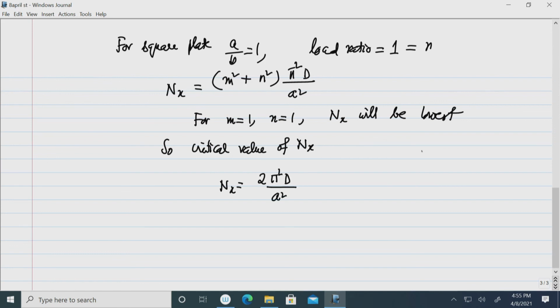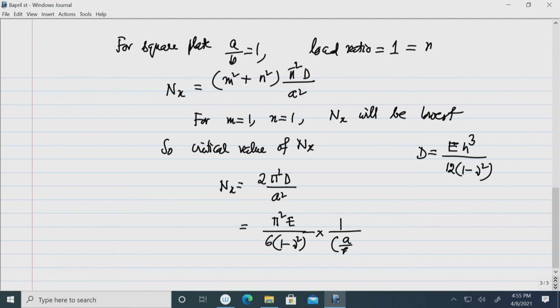Substituting D as E h³ by 12(1 minus μ²), where h is the thickness of the plate and μ is the Poisson ratio, this will be equal to π² E divided by 6(1 minus μ²) into 1 by (a by h) squared. This is not the critical load, I should call it the critical stress.